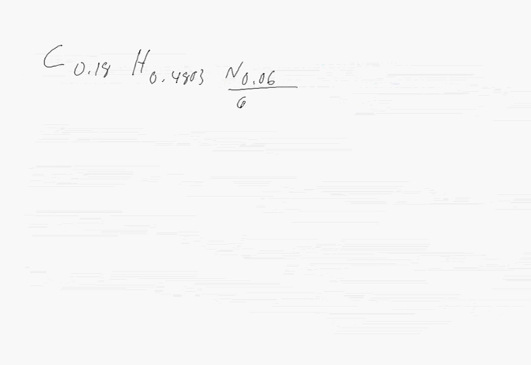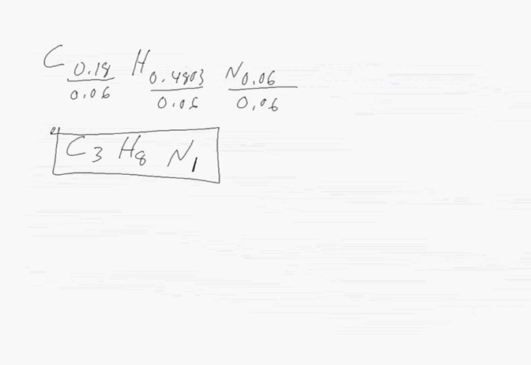Divide by the smallest number of moles. This gives us carbon 3, hydrogen 8, nitrogen 1. So this here is our formula for the compound.